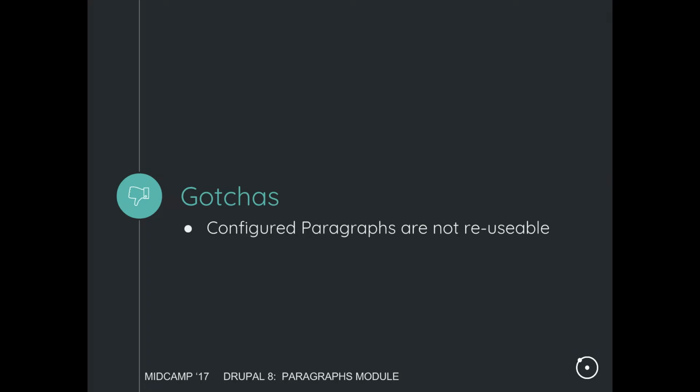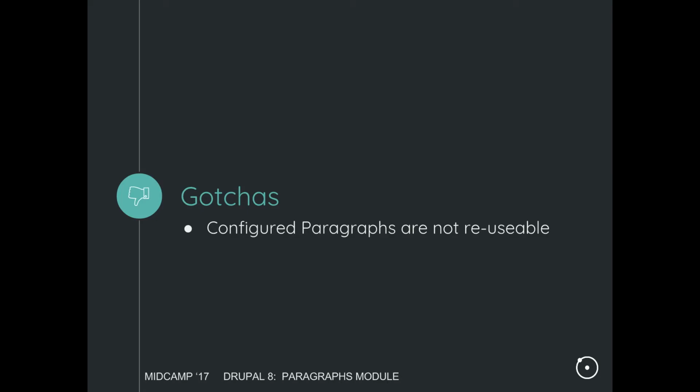So create, let's just say, an image with text, that Jessica showed. You have your image with text paragraph type. You add fields to it: the image field, the content field. We have an alignment field, whether it's on the left or the right. We have a background image field. We have whether or not there's parallax. All of that is reusable, but what's not reusable is the content.